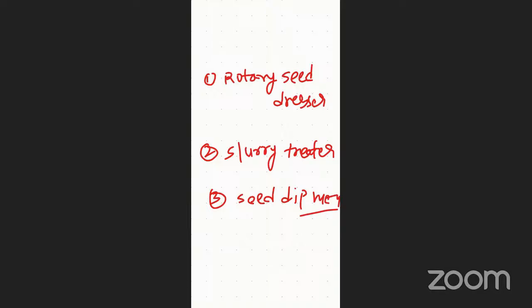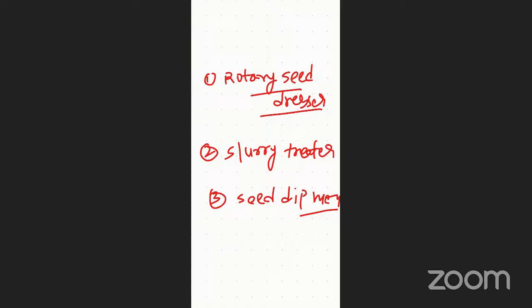Seed soaking, botanicals, hopper box treatment, vacuum infiltration, osmotic priming, solid matrix priming. Actually, here eight are given, but there is no need to write all; just write some of the important ones. Rotary seed dresser is important and commonly used, slurry treater is important, and seed dip method is also important.